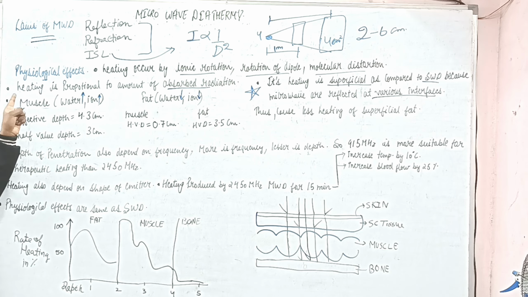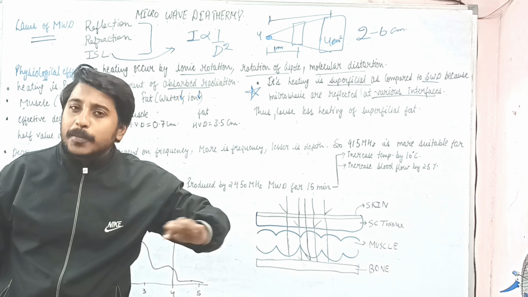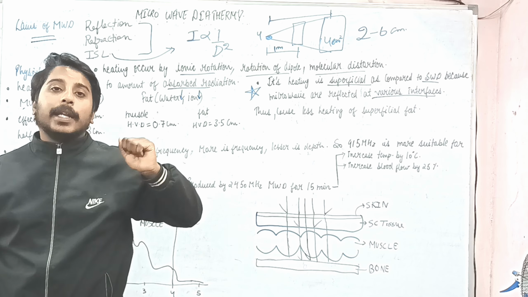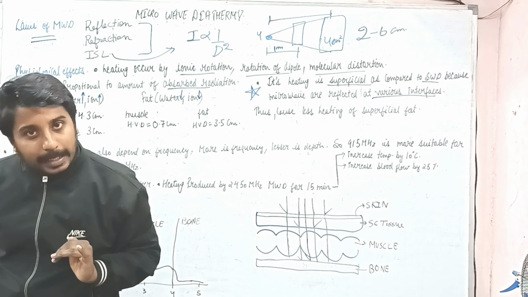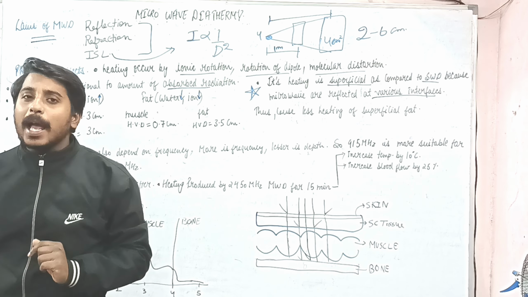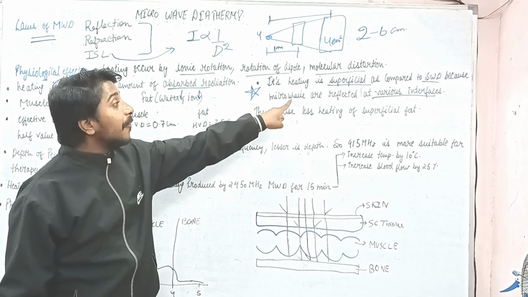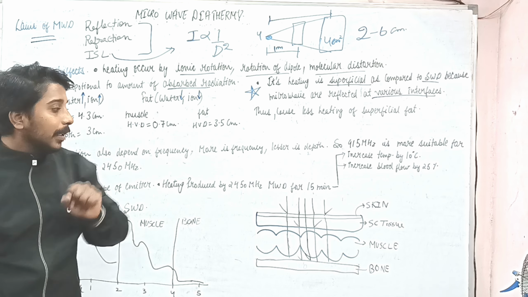Also I said that heating is proportional to absorption. More will be absorption, more will be heating. Lesser will be absorption, lesser will be heating. Third point, its heating is superficial as compared to SWD. Why? Because of reflection at various interfaces.